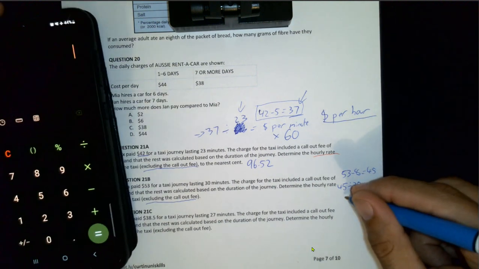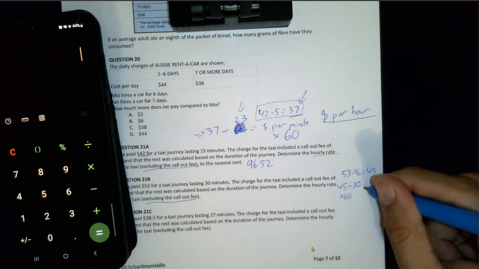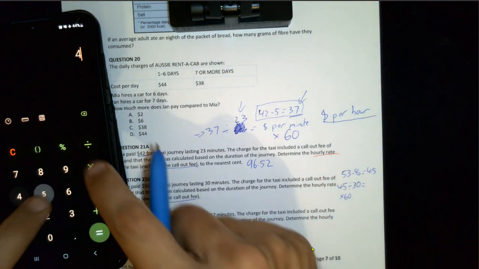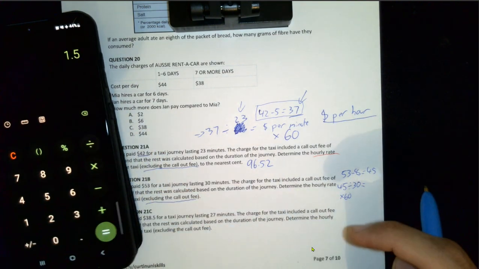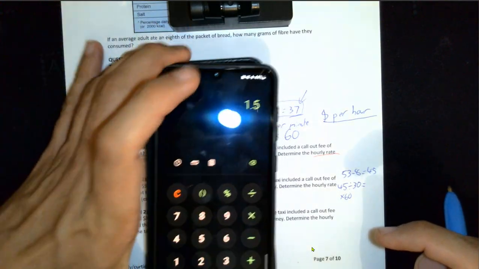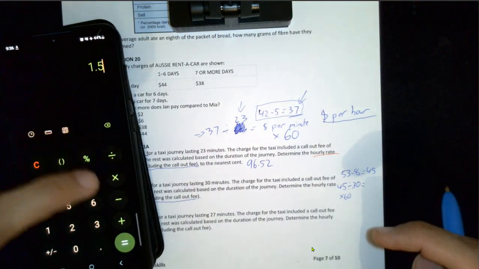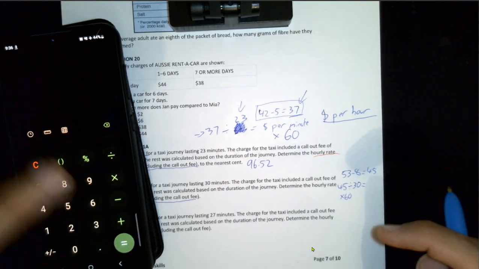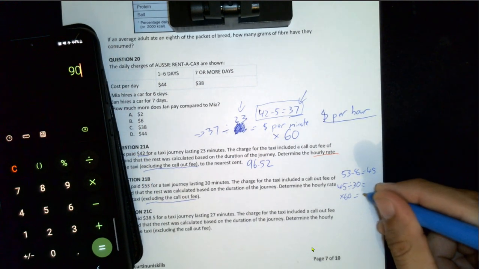And then you need to multiply that answer by 60. So this will get you the dollars per minute. 45 divided by 30, I just put in the calculator, 1.5. And if you times that by 60, it gets you 90.